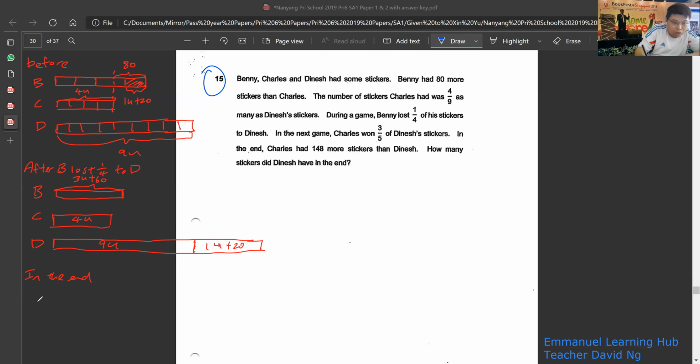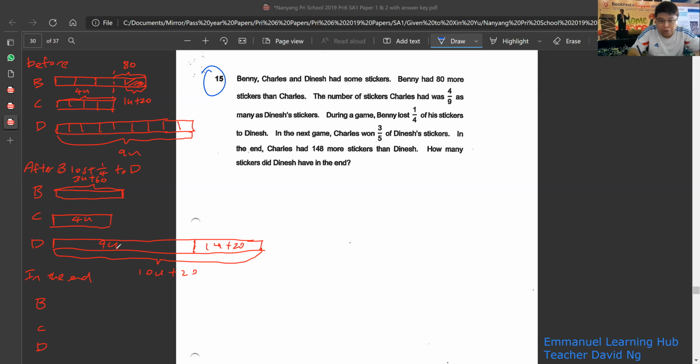This one you have to draw 3 sets of the model. If not, you can't really do. Okay, Charles won 3/5 of this guy's stickers, right? This guy's stickers is 10U plus 20, agree? Originally, yes, 10U plus 20.